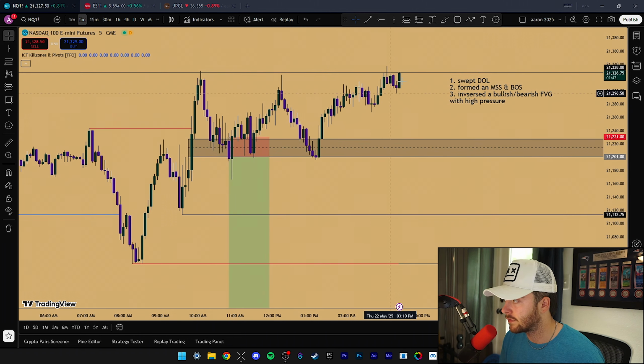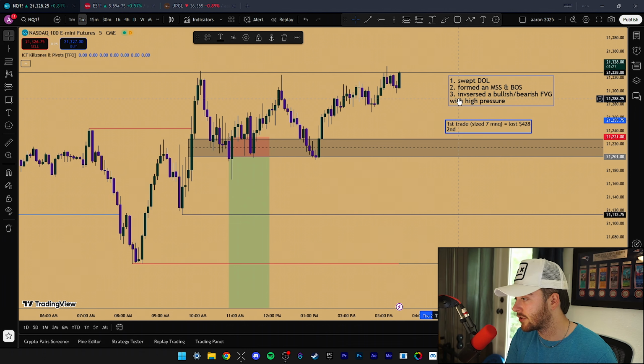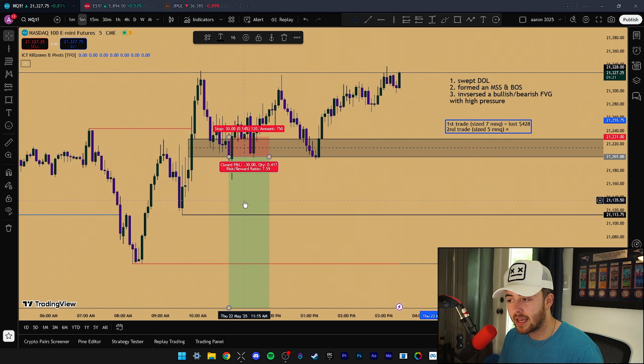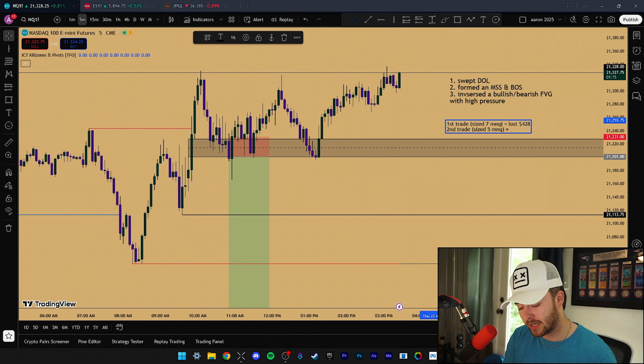So the first trade, I sized 7 MNQ, and I lost $428. The second trade, I sized 5 strictly because I did the math, and on this first trim, I would have trimmed 3 of my 5, and I would have made back my loss. But I ended up losing another $300.